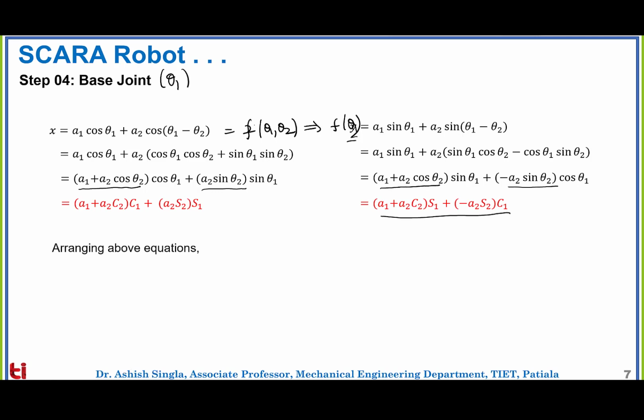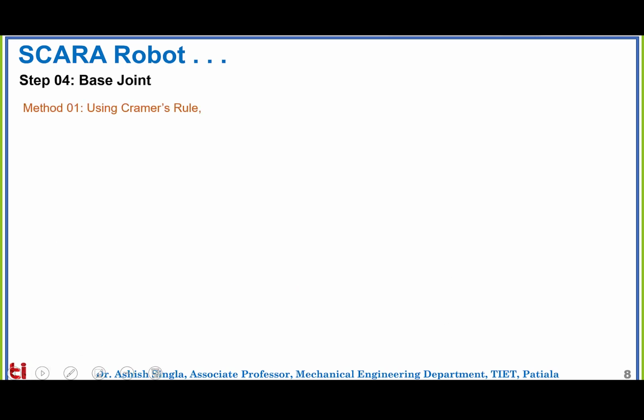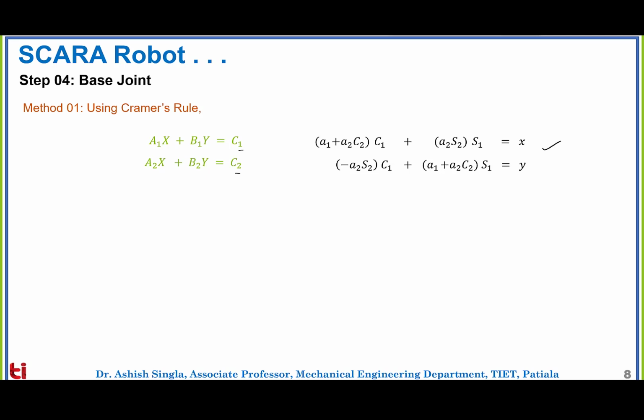So now we can arrange these equations in this manner, and then solve them using 2 methods. The first method is Cramer's rule. We know a1x plus b1y equal to c1, and accordingly the first equation is similar, and then you have a2x plus b2y equal to c2, which is the second equation.